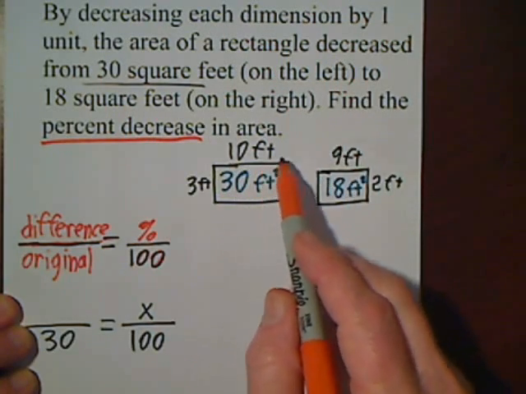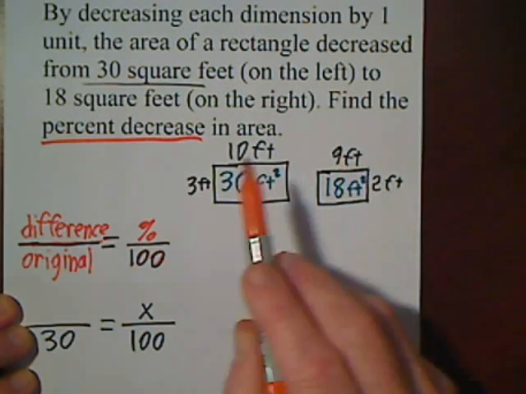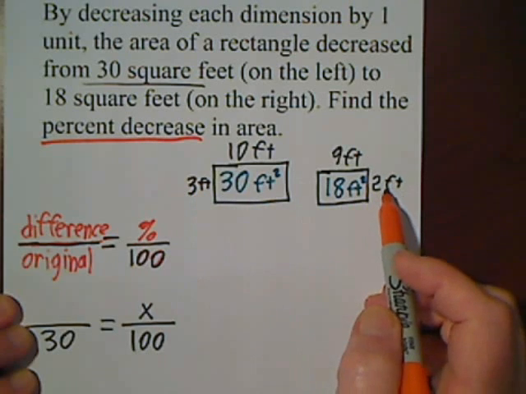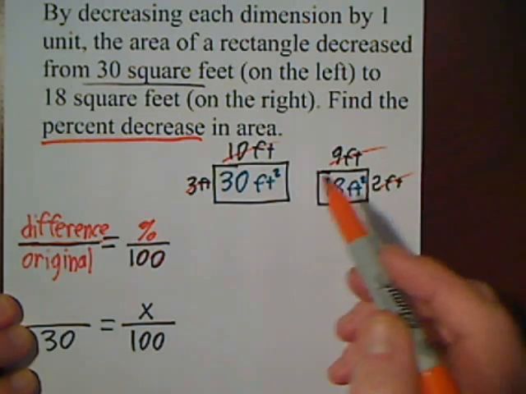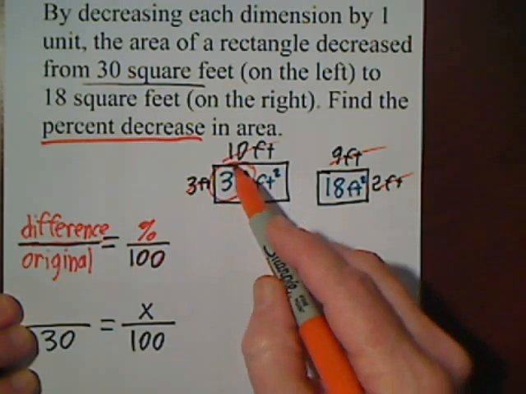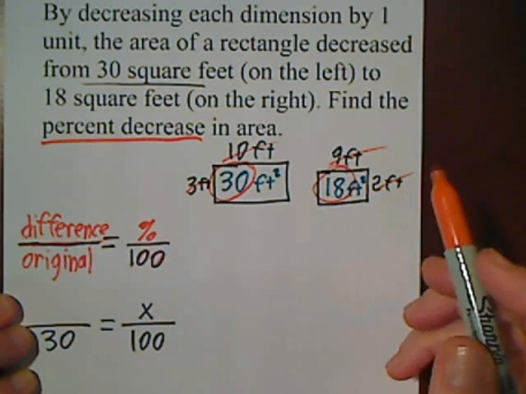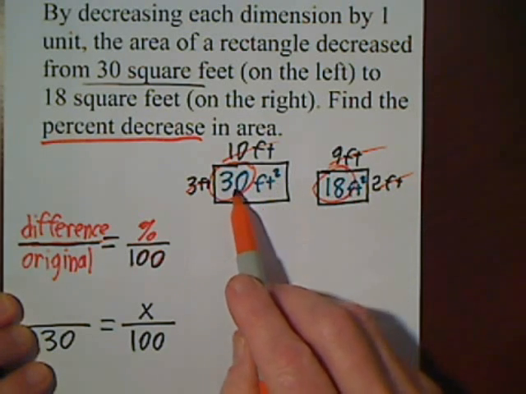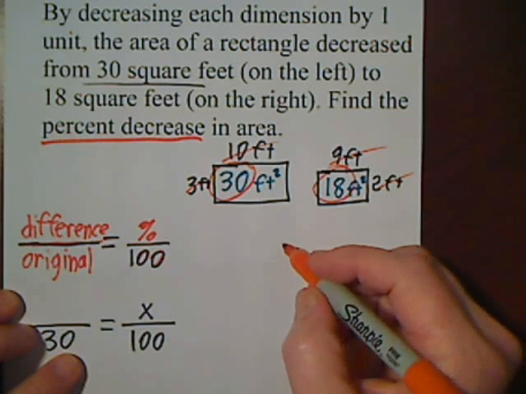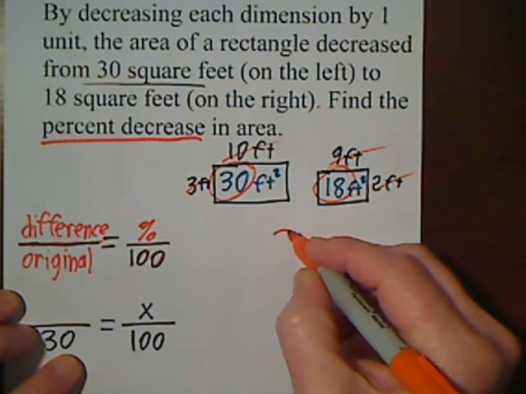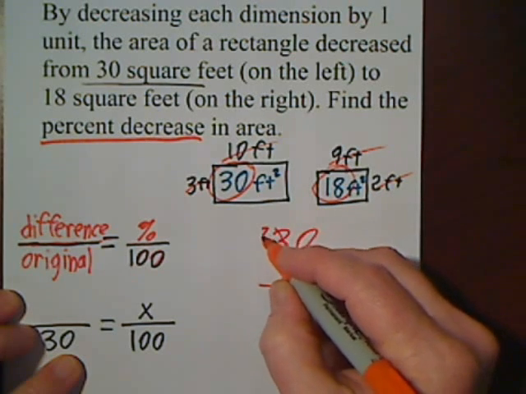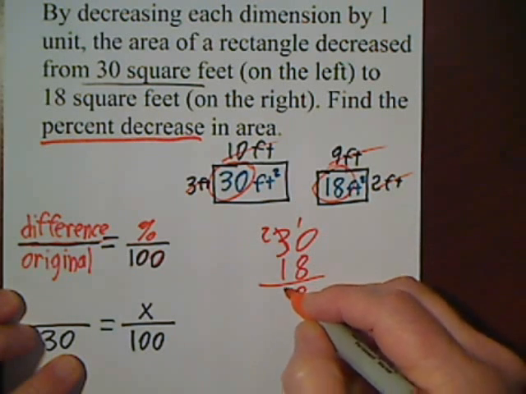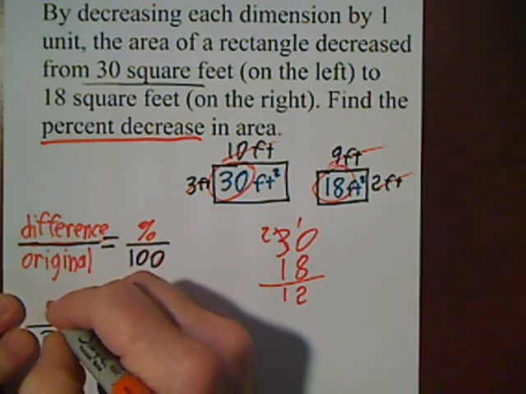So it was 10 feet and now it's 9 feet. It was 3 feet, now it's 2 feet. But you really don't need any of that information. You're just focusing on these two values. It decreased from 30 to 18. So the difference of 30 and 18 is 12.